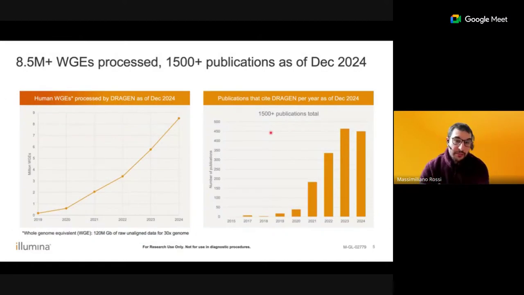And as of December 2024, 8.5 million human whole genome equivalent samples has been processed through Dragon. The human whole genome equivalent is essentially 120 gigabases of raw and aligned read for a 30x genome. And we can proudly say that Dragon has been cited more than 1,500 publications in total, still as of December 2024.